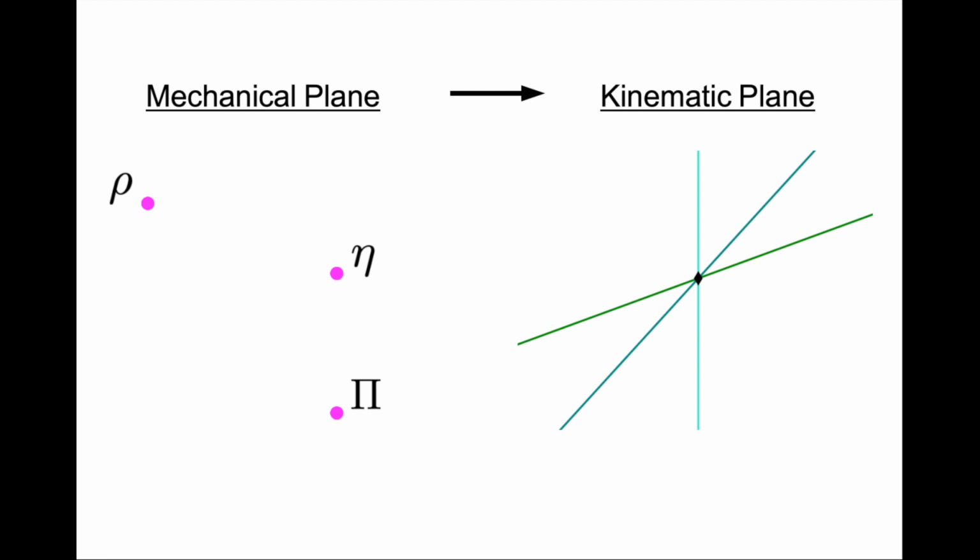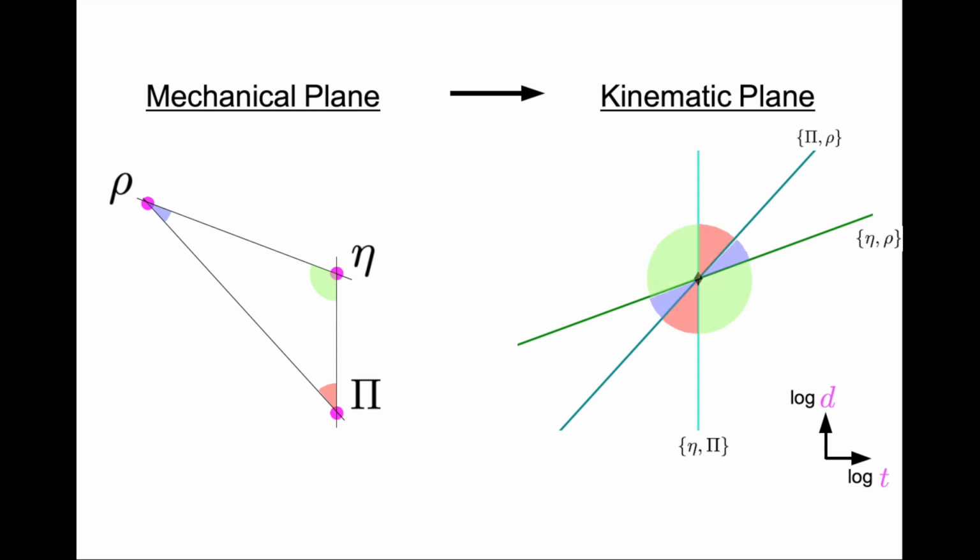When the kinematic plane is seen from the canonical perspective of a length versus a time, the intersection quite directly mirrors the triangle in the mechanical plane. If you enjoy trigonometry, you can check that the angles in the mechanical plane are reflected in the kinematic plane. This is true for this example as much as for any other.